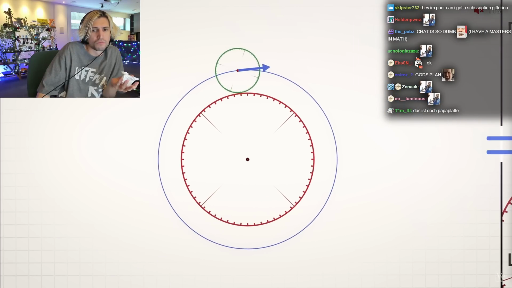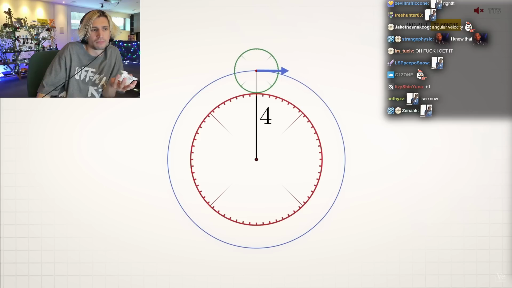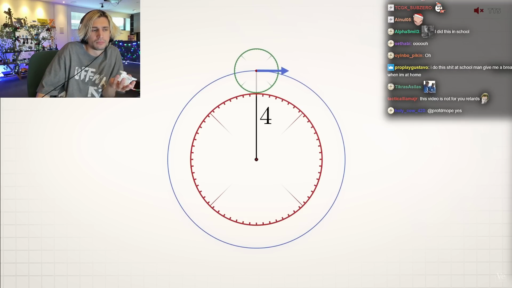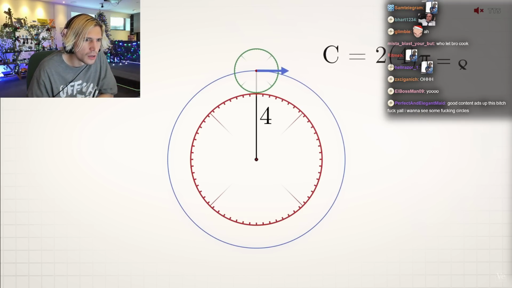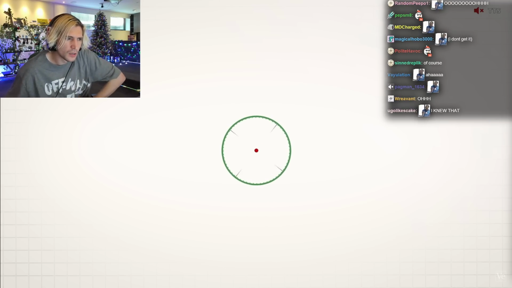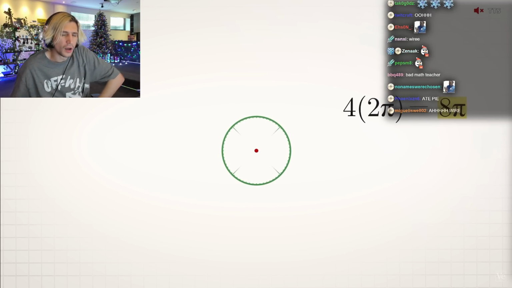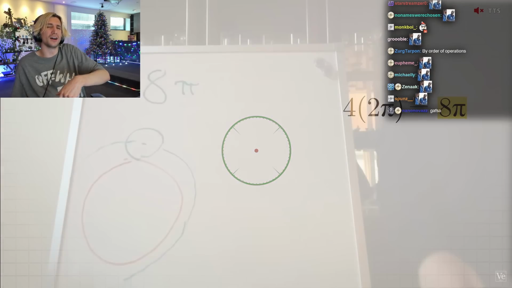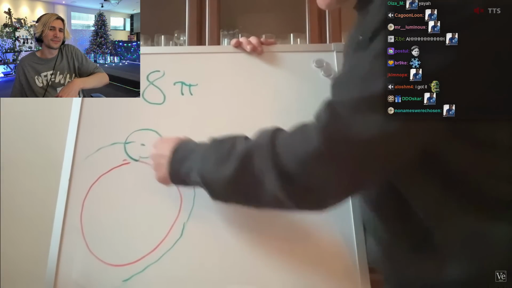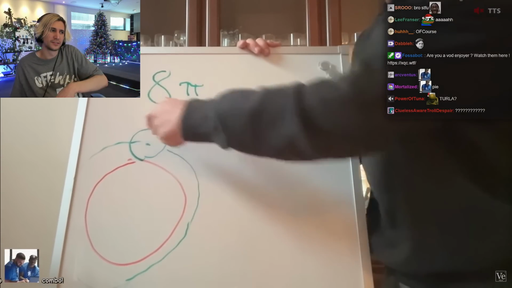In this problem, the center of the small circle goes around a circle of radius 4. So the total distance that the center moves is 8 pi. What's the total amount that the small circle rotates? It rotates 4 times, and its circumference is 2 pi. It's the same number. If it rolls without slipping, the total distance the center travels is the same as the total amount it turns.